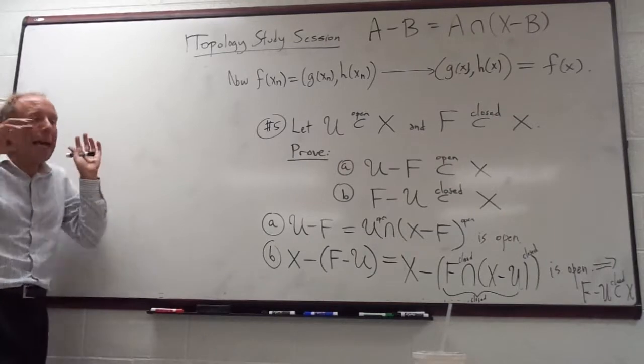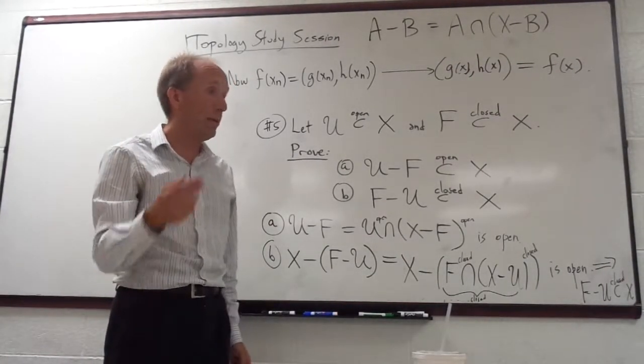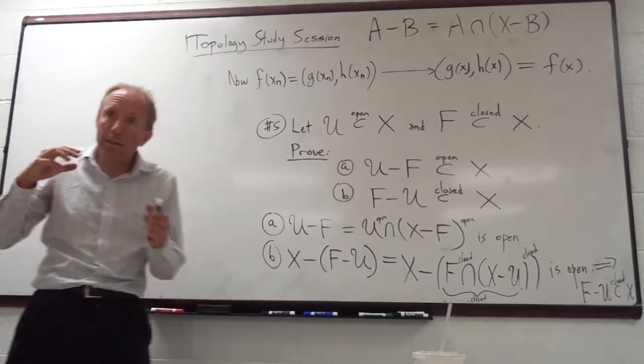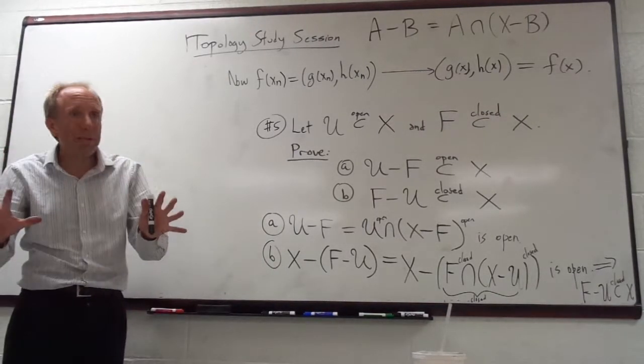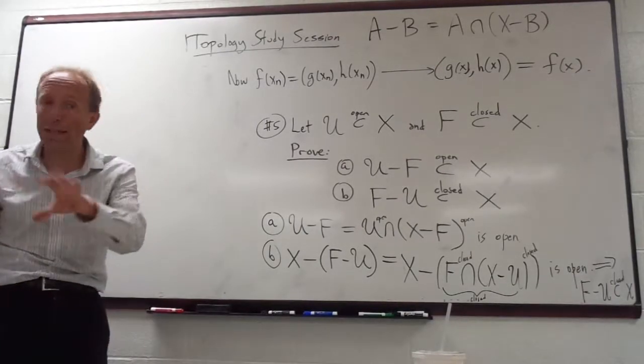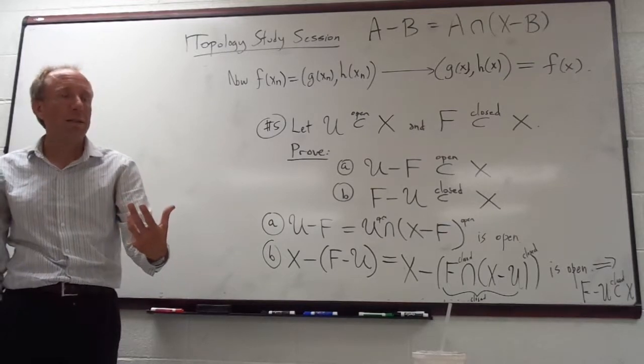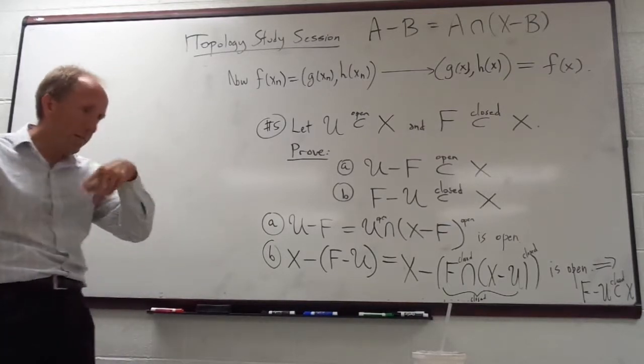Any union of open sets is always still open. If I take a finite intersection of open sets, that stays open as well. But it doesn't work for infinite intersections.